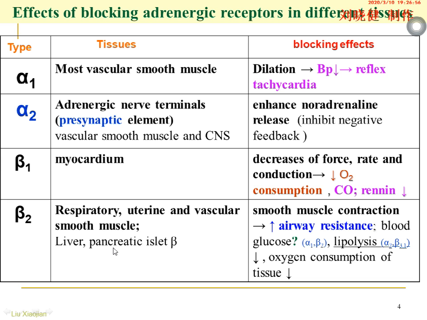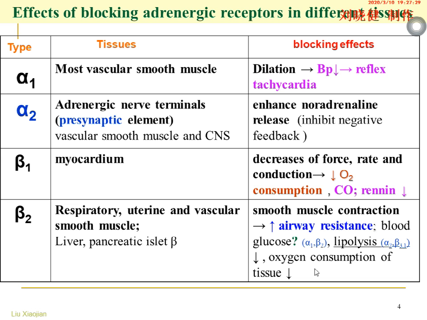So especially in the respiratory system, it can increase airway resistance. This is a bad result for patients with respiratory system disease. It also inhibits metabolism, so it may affect blood glucose in plasma, decrease lipolysis, and decrease oxygen consumption of the tissues.